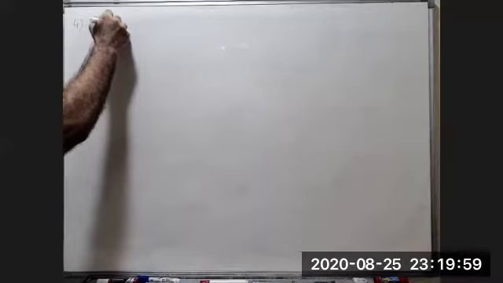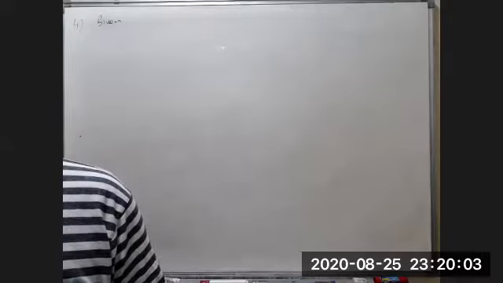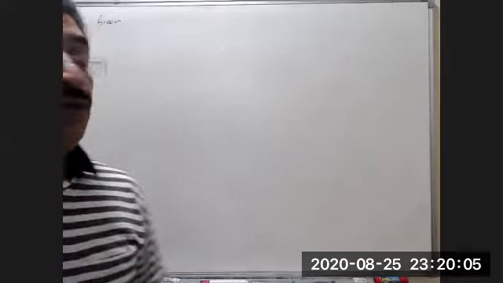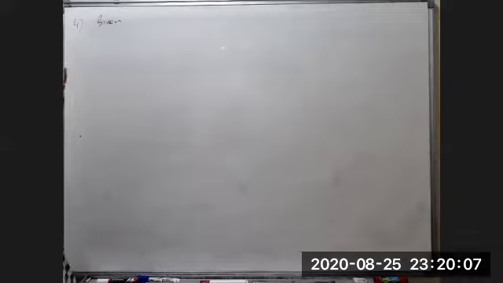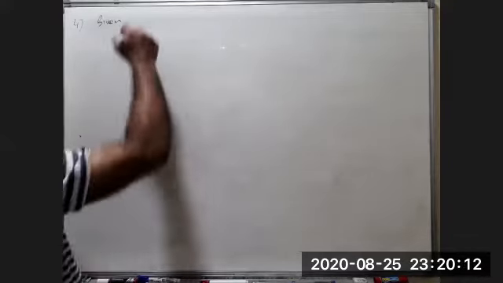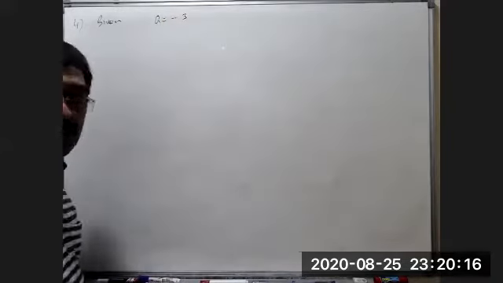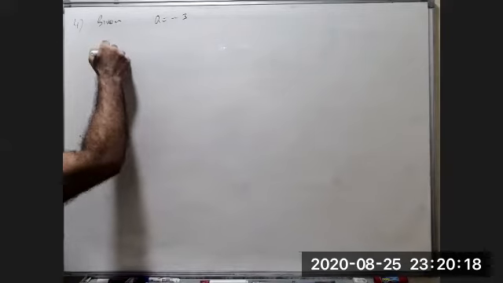The fourth term of a GP is square of second term. Fourth term is square of second term, and first term is minus 3. So A, first term, is minus 3. Fourth term means A4.